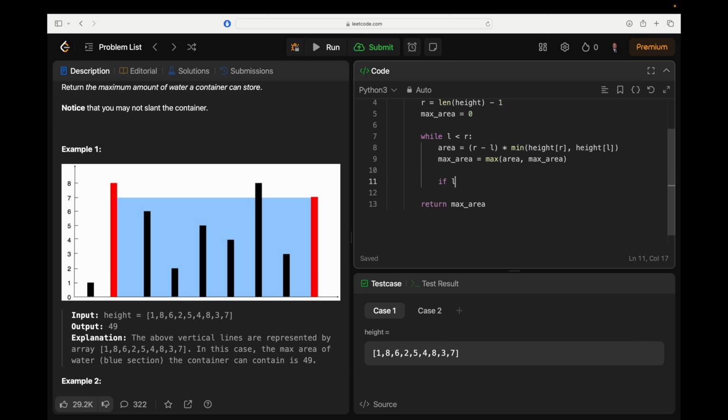If height R is greater than height of L, L plus equals 1.